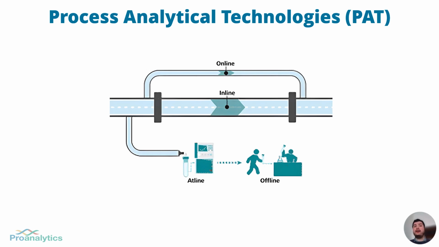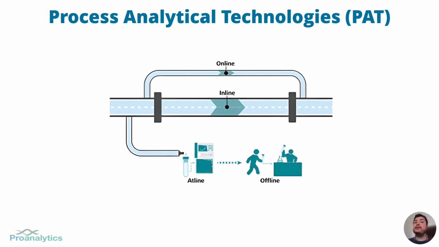Accurate inline and online measurements provide real-time or near real-time data. By comparing the targets or the set points to the instantaneous measurement data provided by accurate inline and online measurements, one can take corrective measures to eliminate deviations from the control strategies. Both atline and offline measurements require sample removal from the reactor to measure parameters by a distant analyzer.